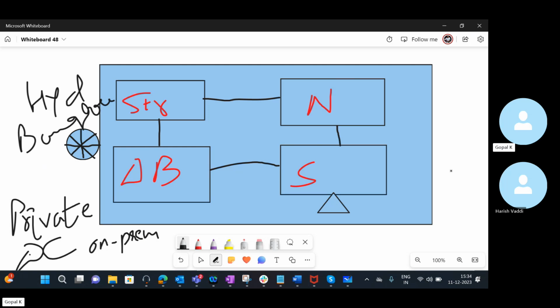It incurs cost, so that is the reason people are moving to the cloud. That's one part.